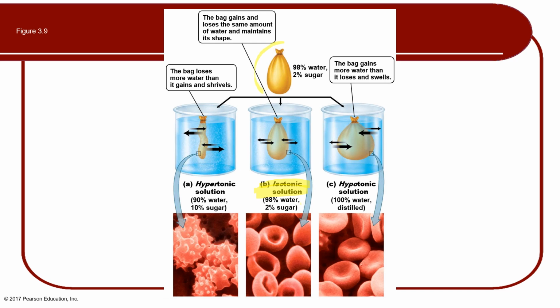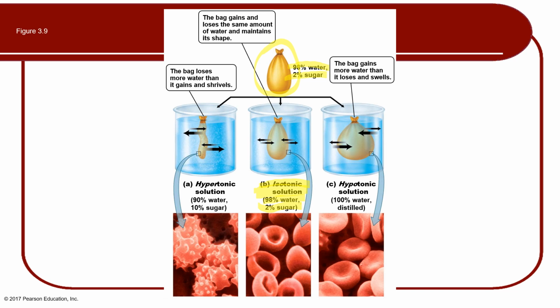If this bag here represents your cell, it's 98% water, 2% sugar inside the cell, and then in the beaker, 98% water, 2% sugar. That's called isotonic. It's the same water, so you get no net change.